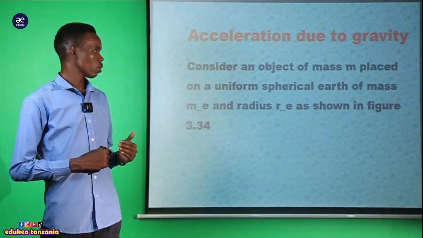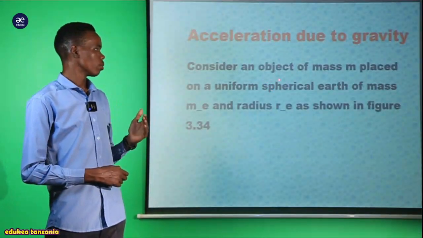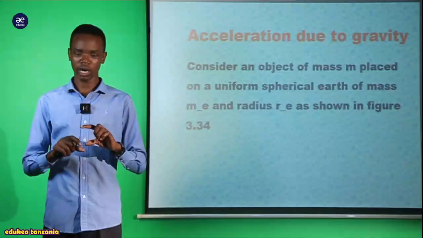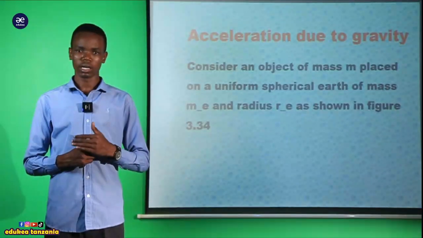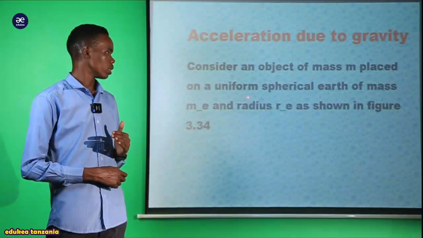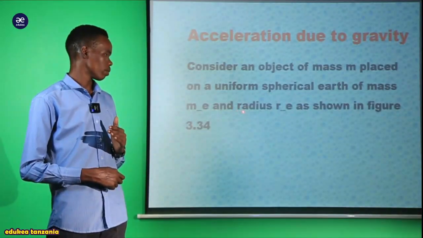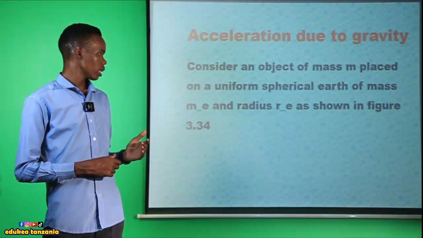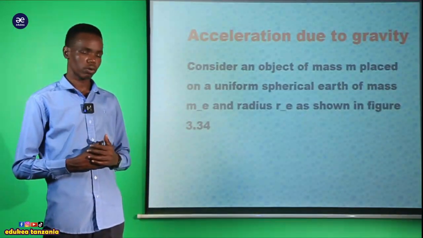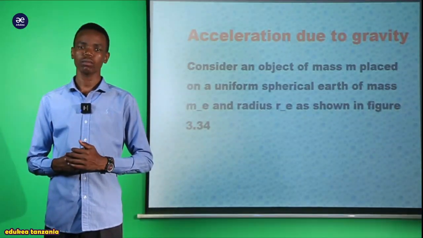Once you observe here, we consider an object of mass m, placed on a uniform spherical Earth of mass M and radius R, as shown in figure 3.34.